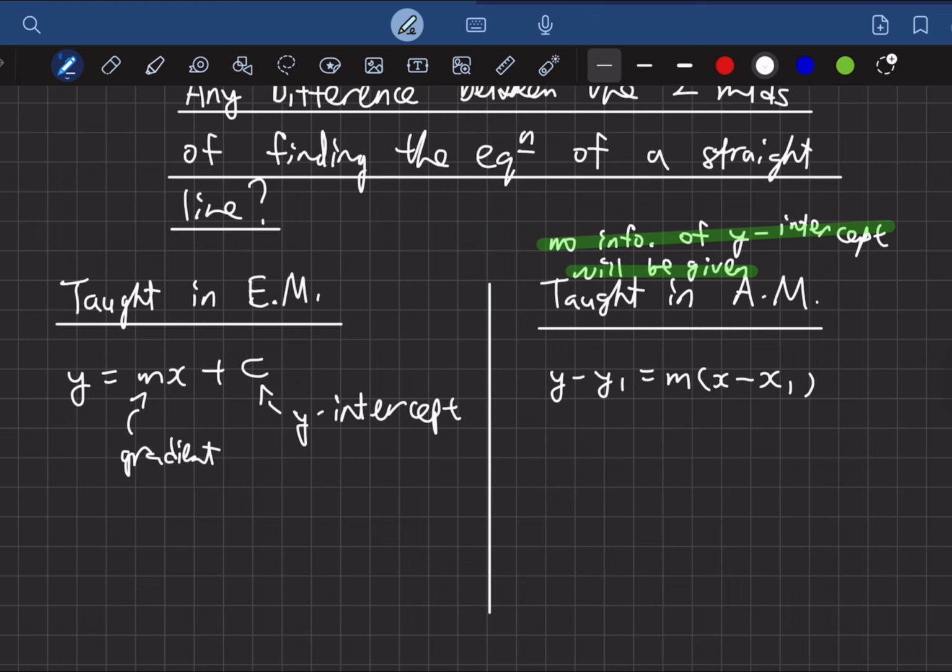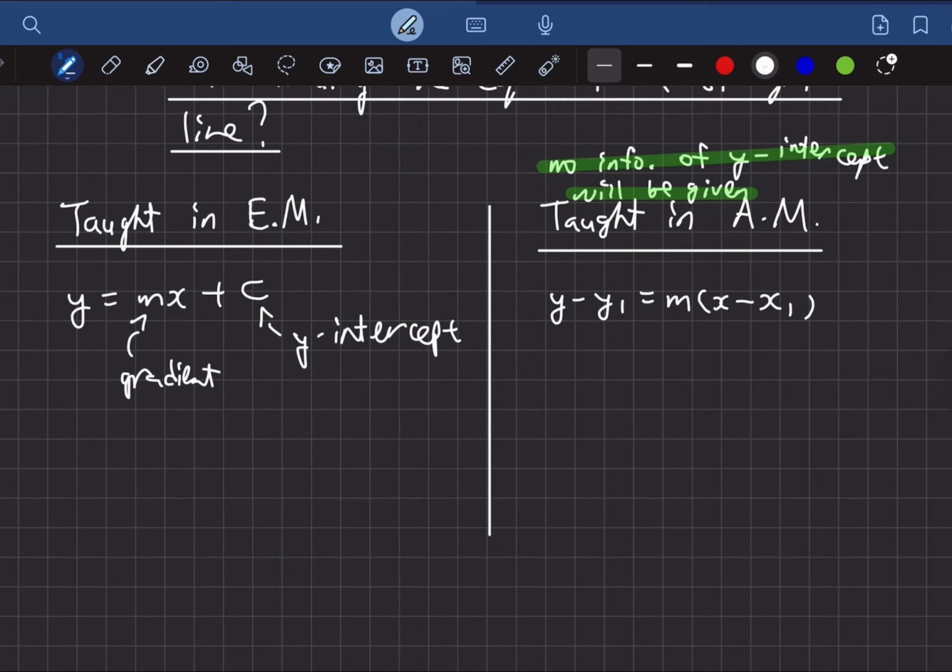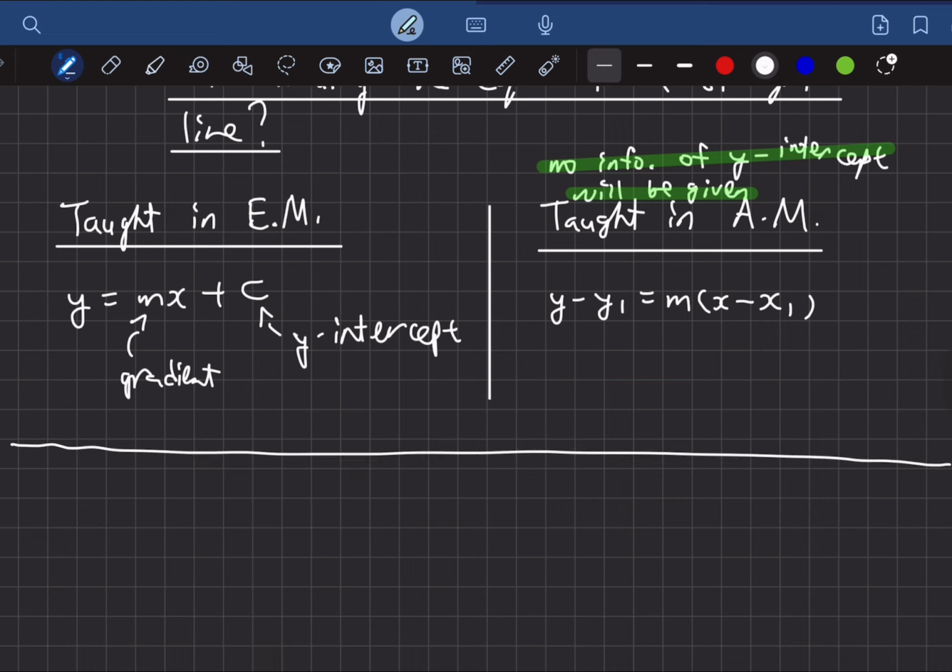bit different now, because in any case, when we are asked to find the equation of any straight line, the question must give us two things. First, the gradient of the line, which they usually won't give, so we have to find it ourselves.